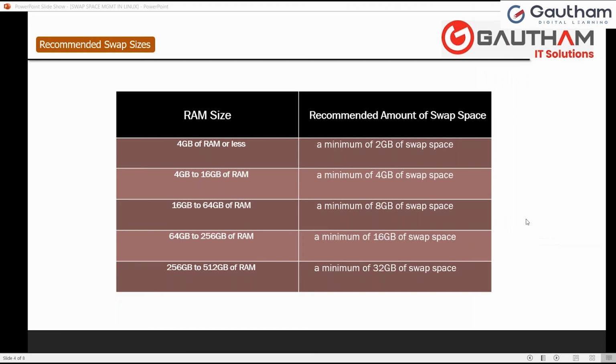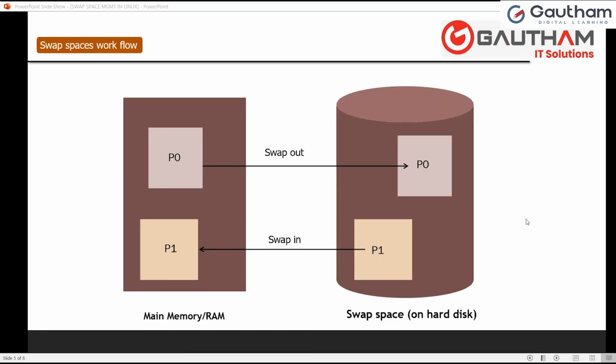Anyway, let's move on to the next thing and understand what exactly swap does. As I told you, you have a RAM. Let us say the size of the RAM is 1 GB, 1024 MB, for example. Now, in this 1024 MB, let us say 1000 MB is already utilized by different processes.